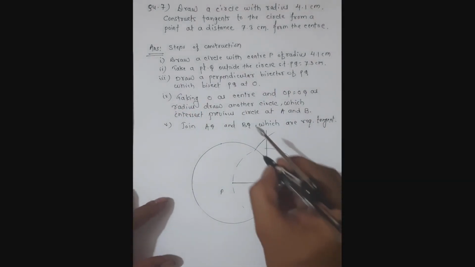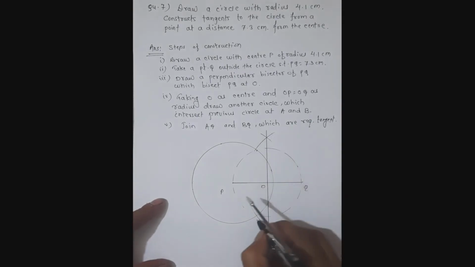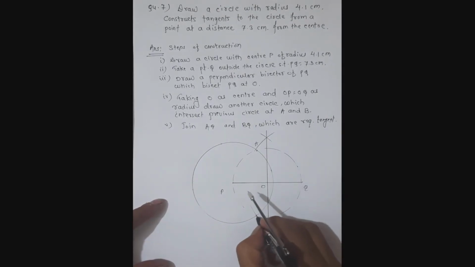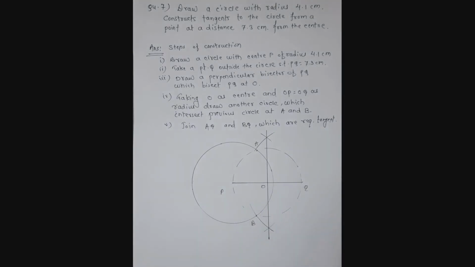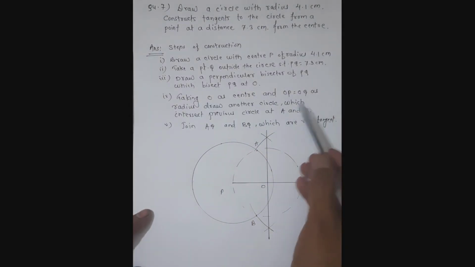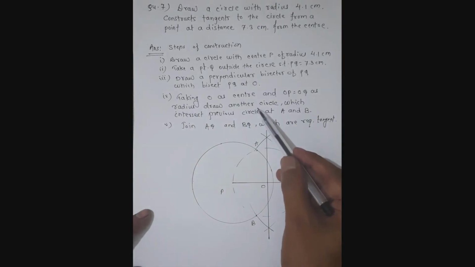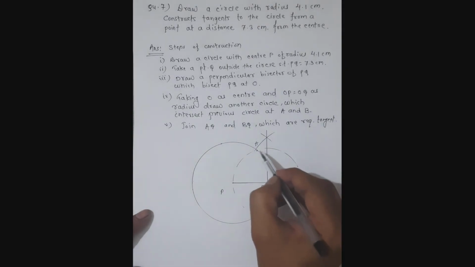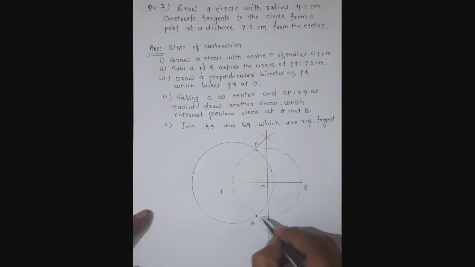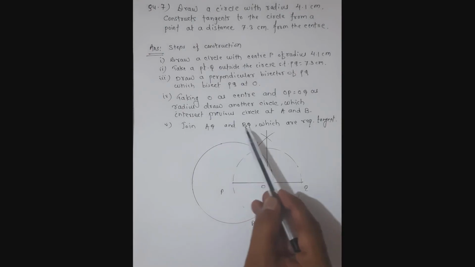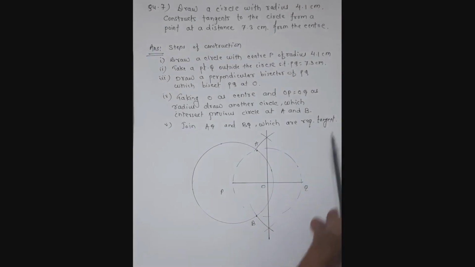Now these intersection points of the new and previous circle are considered as A and B. So we write here, take O as center and OP equals OQ as a radius, draw another circle which intersects the previous circle at A and B. So we consider their intersections as A and B. In the last step, join AQ and BQ, which are the required tangents.